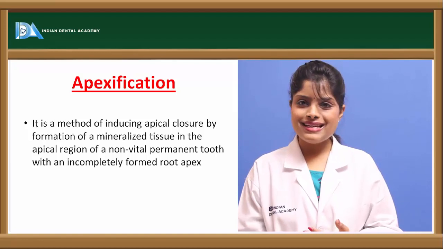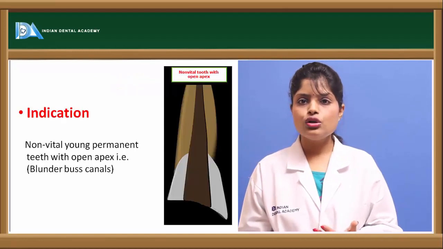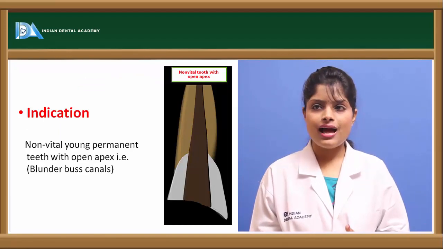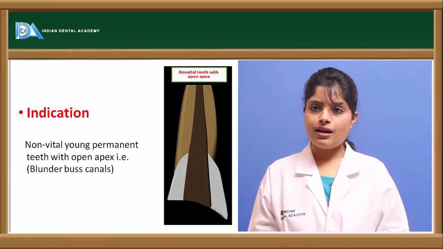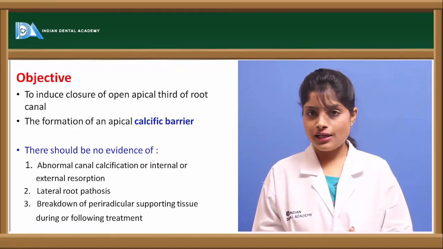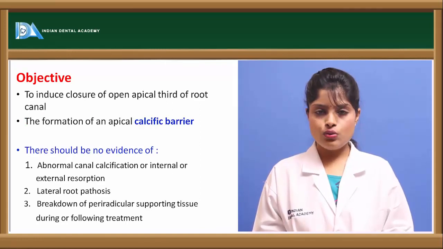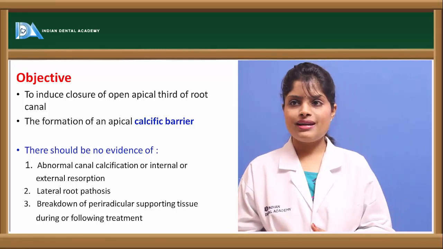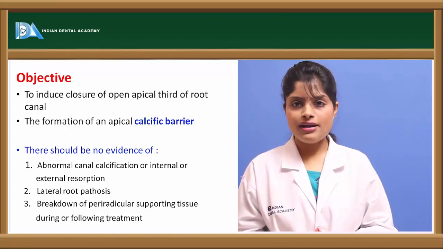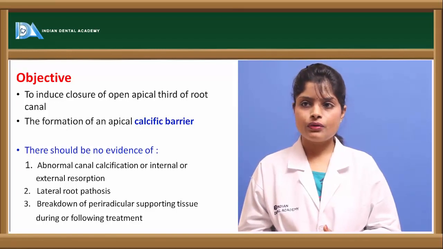So, the basic indication of the apexification procedure is that the tooth should be non-vital and should have an open apex or blunderbuss canals. The objective of the apexification procedure is to induce a root end barrier at the open apex and formation of a calcific barrier at that site.